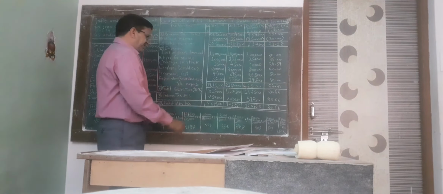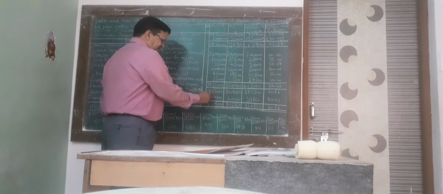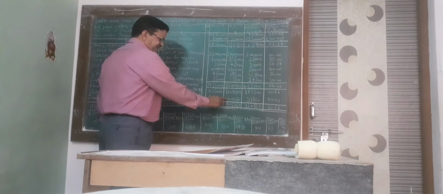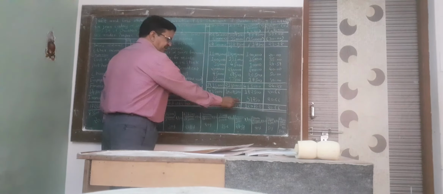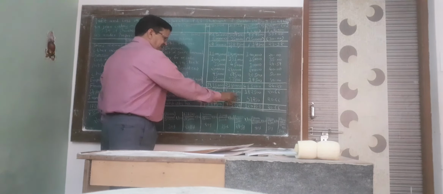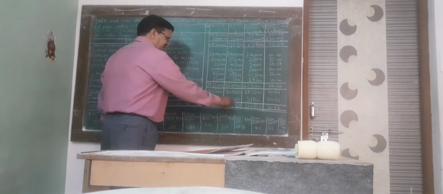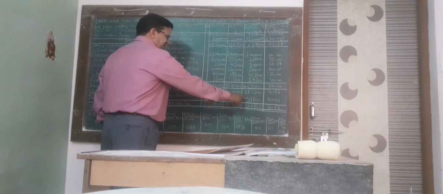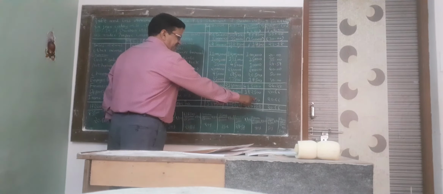Now income tax at 30%: 8,35,000 into 30 by 100 is 2,50,500. And 10,07,500 into 30 by 100 is 3,02,250 rupees. So there will be an increase in tax of 1,72,500 into 30 by 100, which is 51,750.